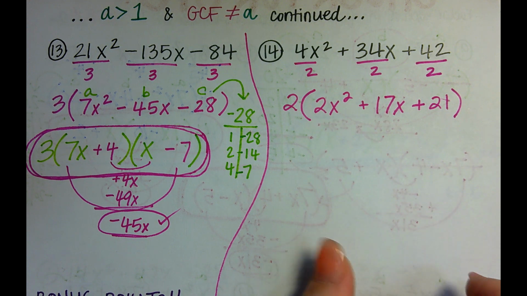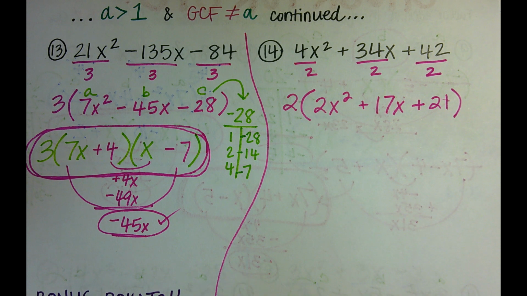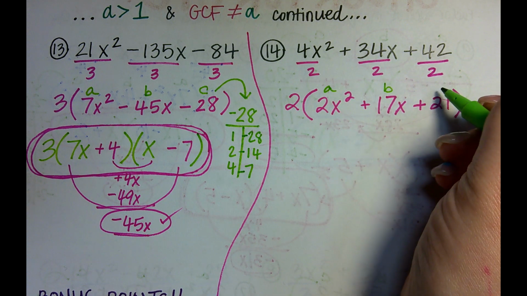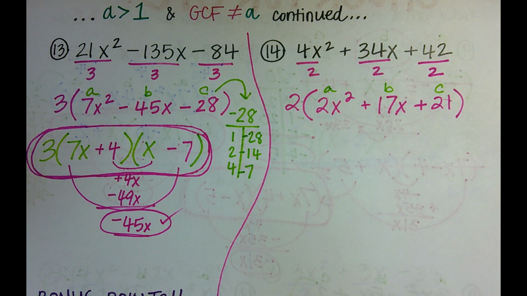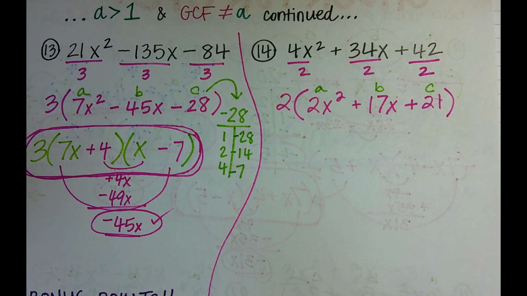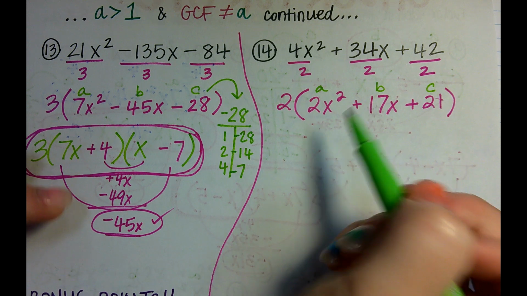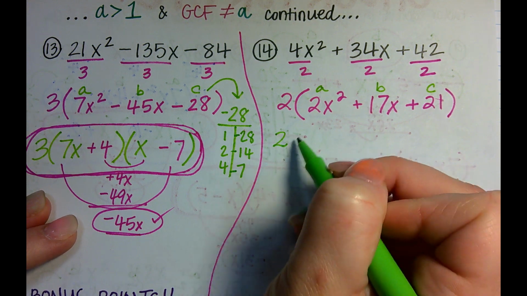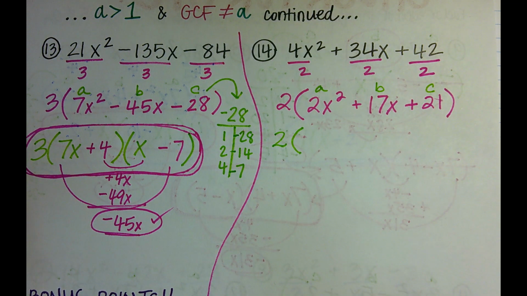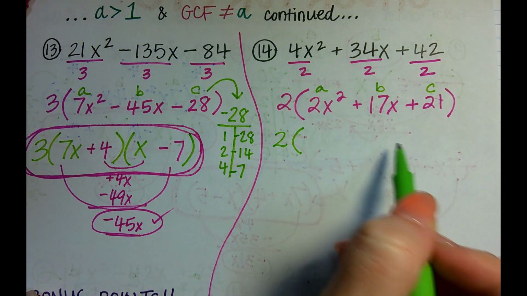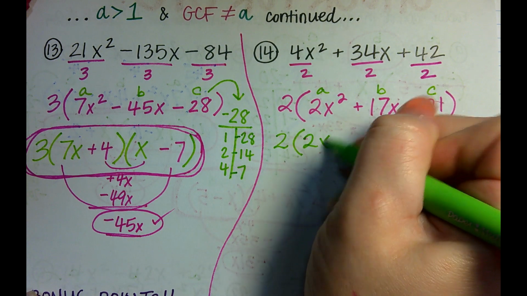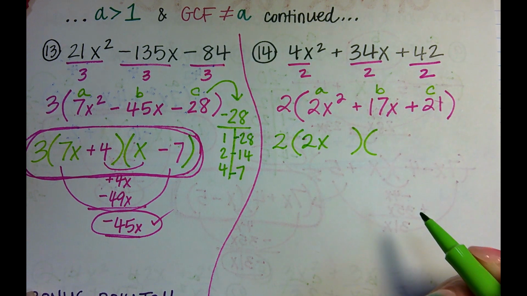So we can't divide anything else, which leaves us with an A of 2, a B of 17, and a C of 21. So let's think about what our pairs are going to look like. We know 2 is going to stay. What are our pairs going to be? 2x and x.